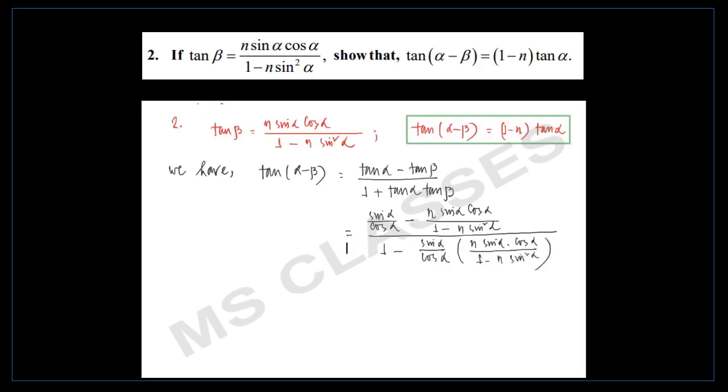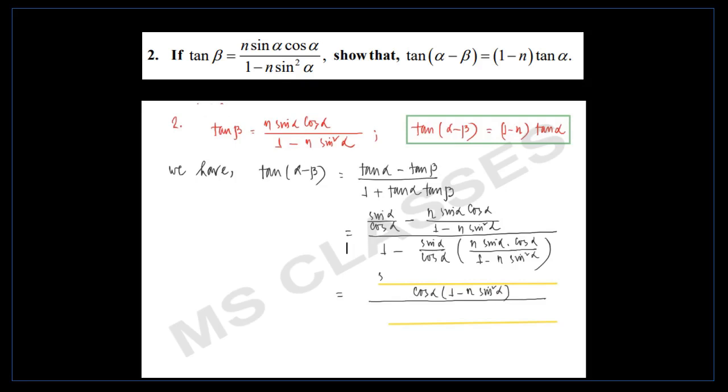Now after this we'll take the LCM as we have done in the previous sum, same thing. We'll take the LCM in the numerator as well as the denominator. So this is cos alpha into 1 minus n sin²alpha.